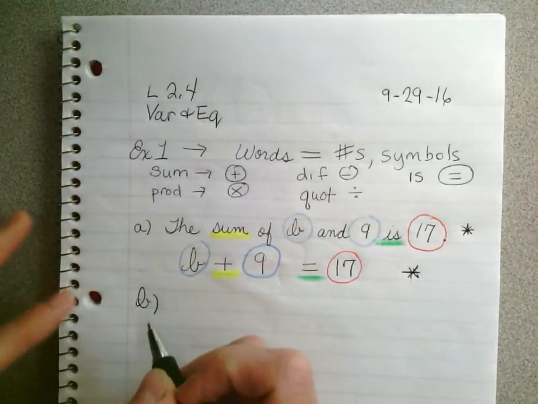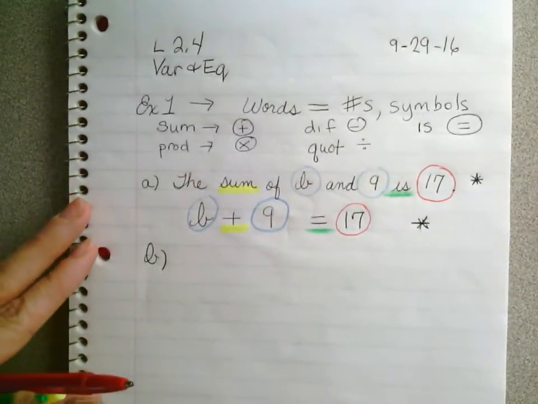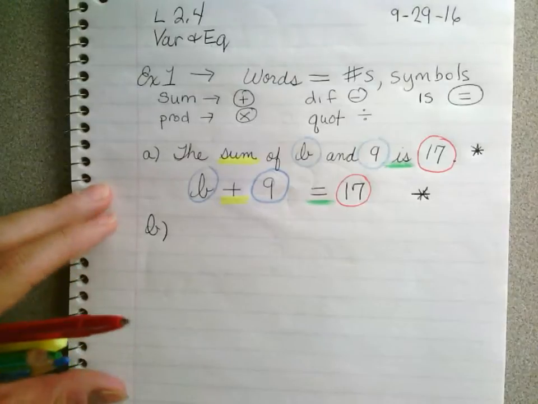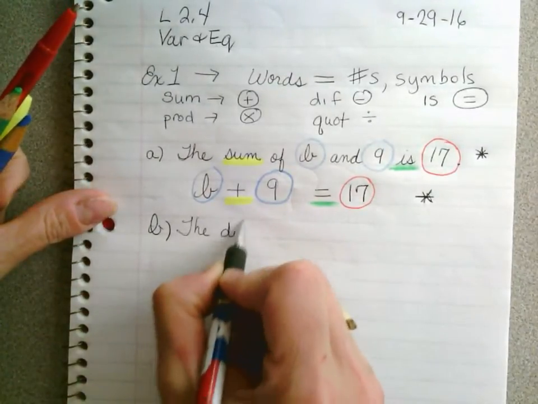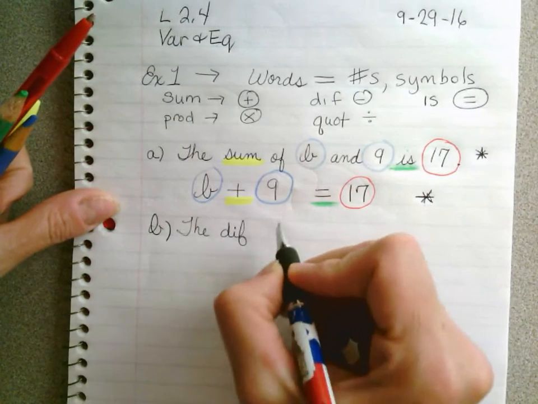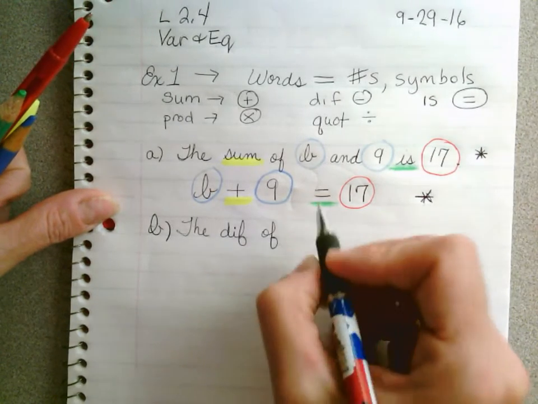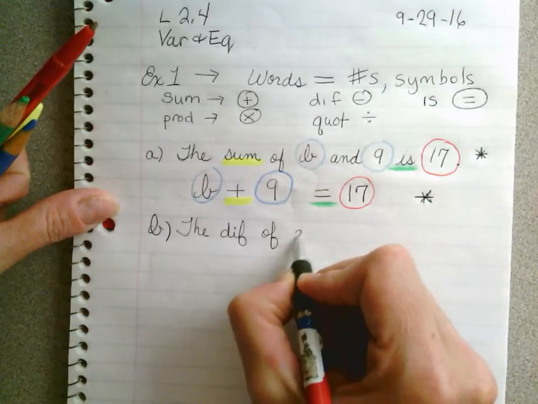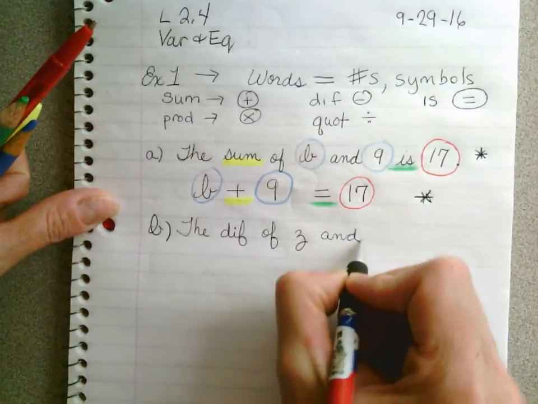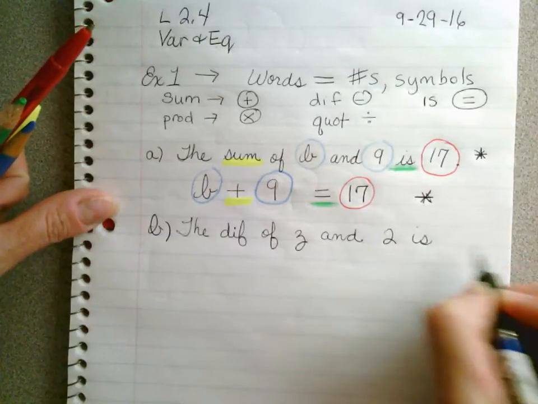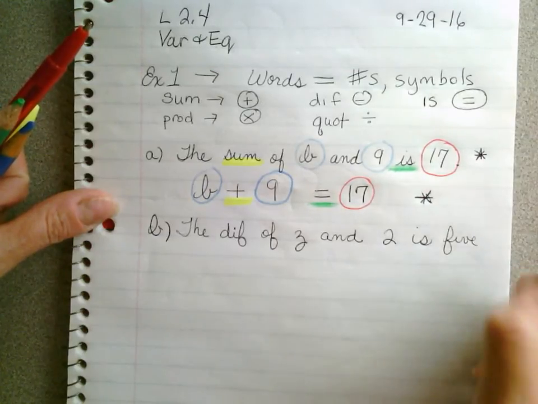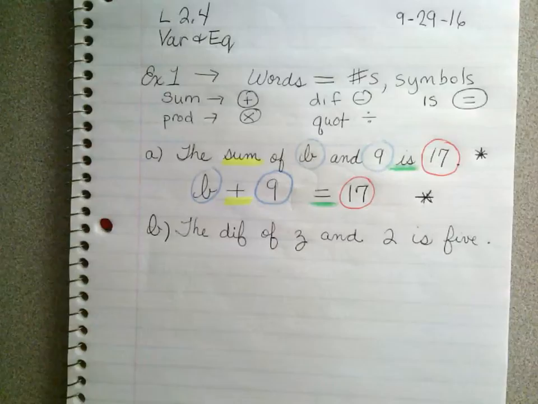We can do the same thing with every other operation. That just so happens to be addition. Subtraction might be, and I'm just going to write, the difference of z and 2 is 5. The difference of z and 2 is 5.